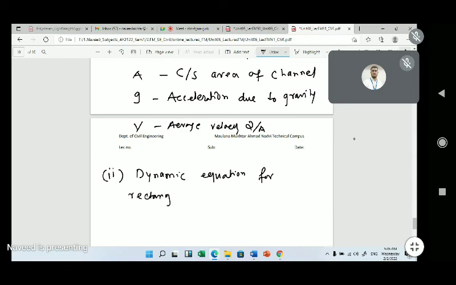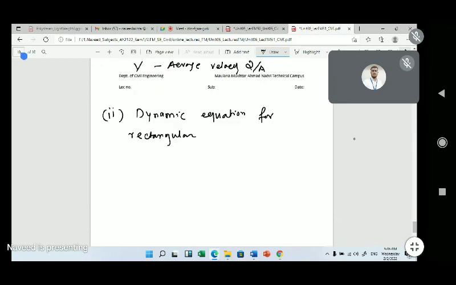This we have seen today. I'm writing each formula because for solving the example in the examination you have to remember these formulas.